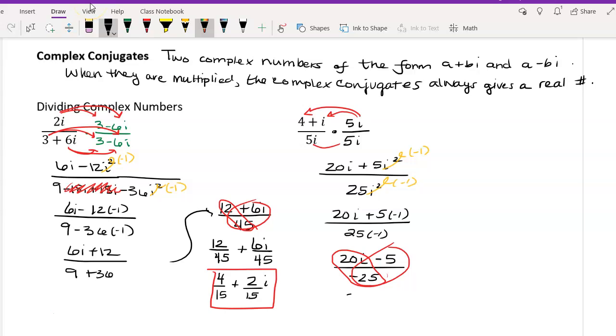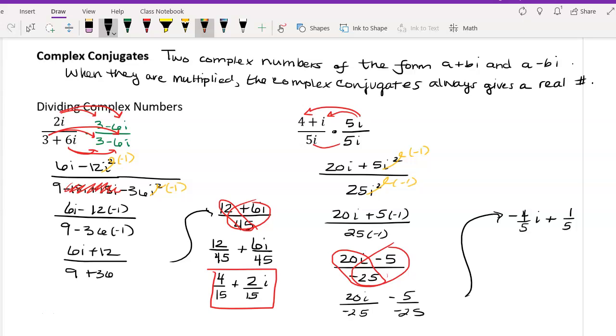So we have 20i over negative 25 and then negative 5 over negative 25. When we simplify that out, we have negative 4/5 i plus 1/5.